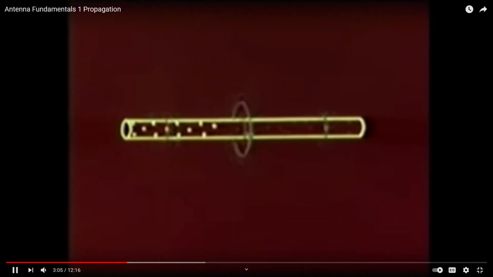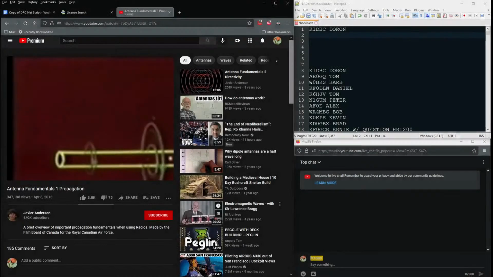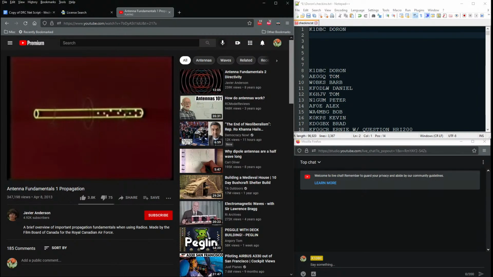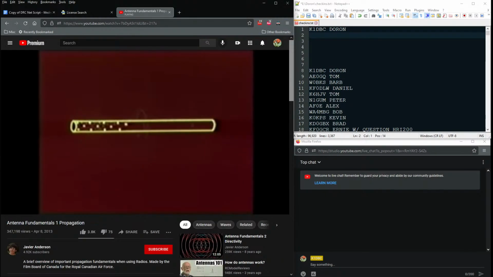The magnetic field thus reverses its direction at each half cycle of the signal frequency. This is known as the H field. The strength of this field is proportional to the amplitude of the current standing wave.